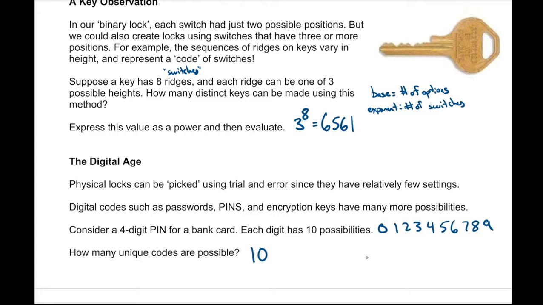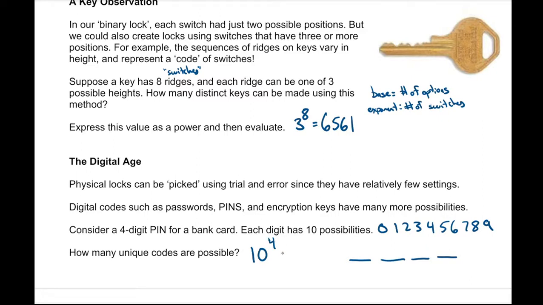So if I think of a PIN card, I have 1, 2, 3, 4 spots that I need to fill, or you could say 4 switches or 4 ridges, however you want to visualize it. So that means I'm going to have 10 options for the first one, 10 options for the second, 10 for the third, and 10 for the fourth.